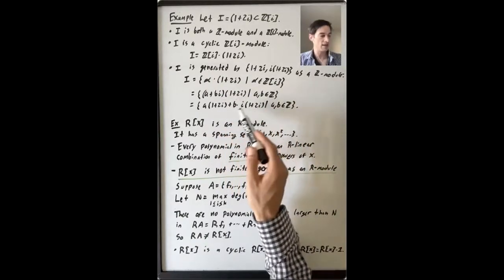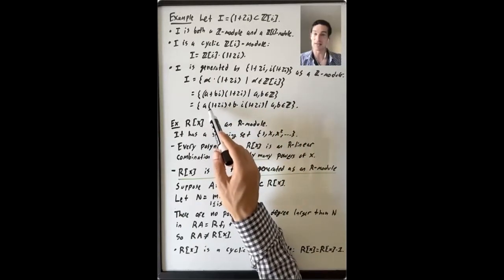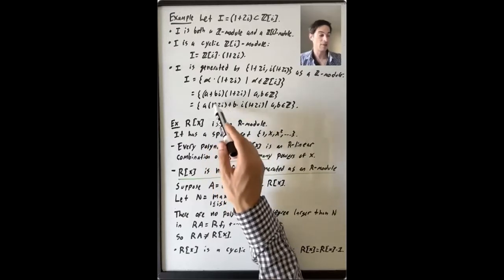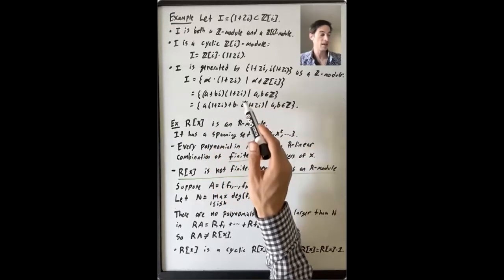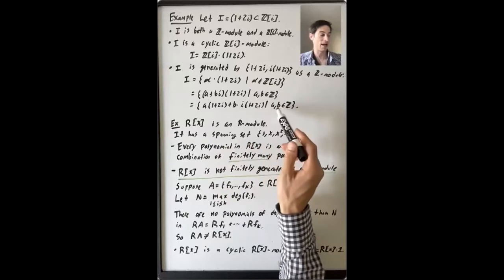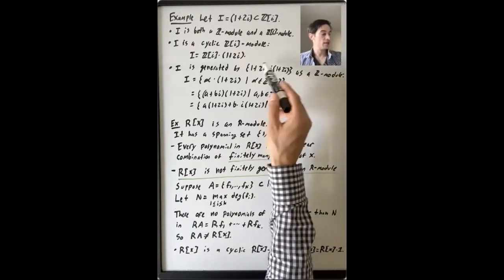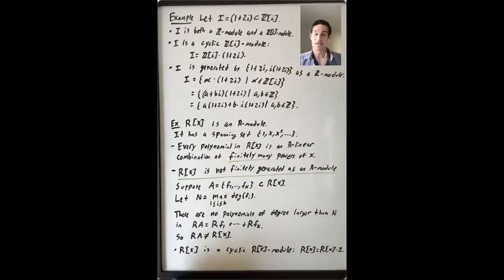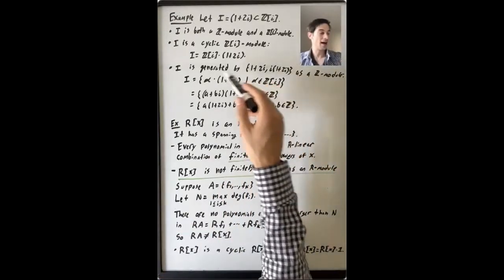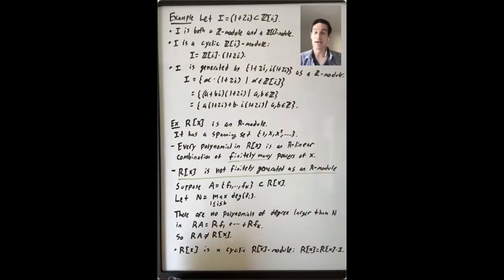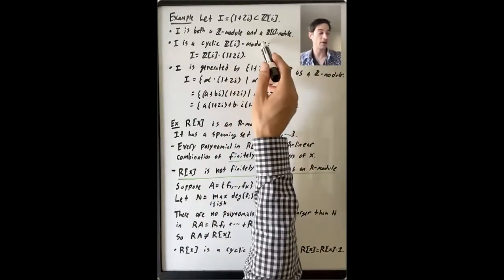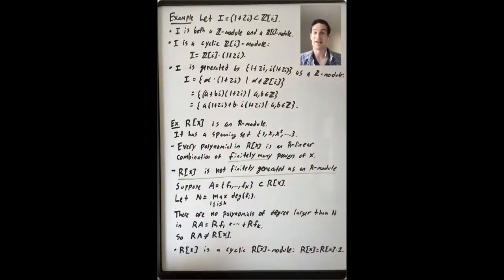So you can expand and think of this as the set of everything that can be written as a times 1 plus 2i plus b times i times 1 plus 2i, where a and b are integers. So this is a generating set of this Z module of size 2. It's not difficult to see that there's no generating set of I of size 1 as a Z module. Okay, so this is cyclic as a Z adjoin i module, and it's not cyclic as a Z module.